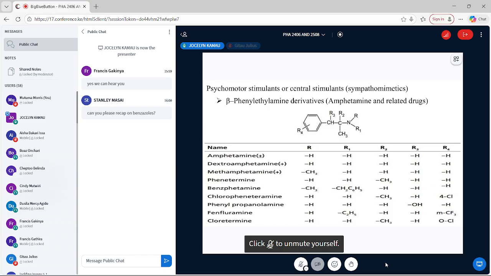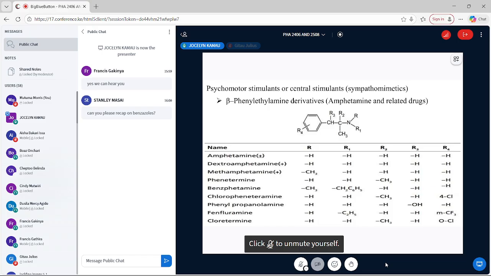And if you look at this structure, I believe you can draw the structure of noradrenaline. Draw the structure of dopamine. Serotonin is an indole derivative, so it is a little bit different.